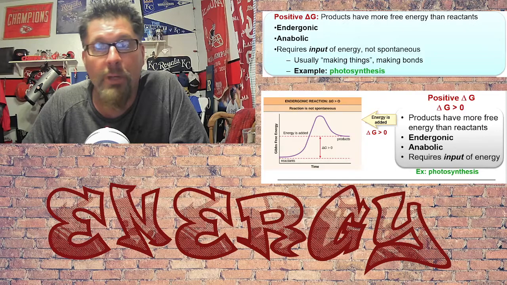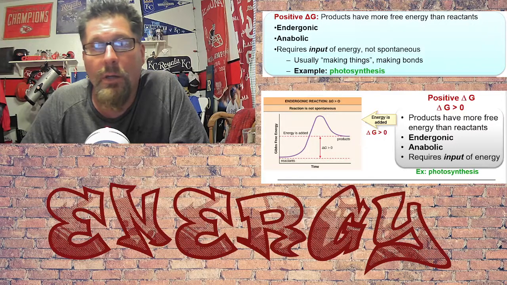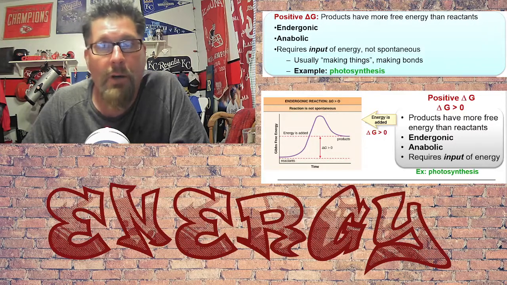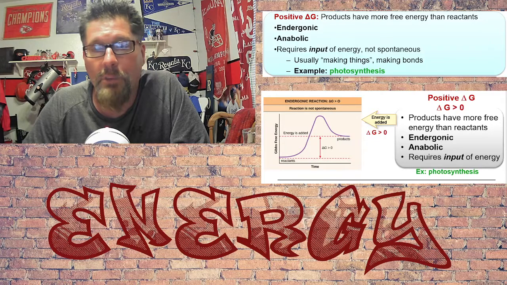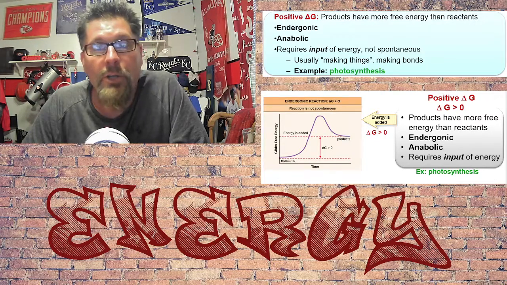But as you build that molecule, you can see now that the end product is above. It's up on that y-axis, the energy amount, which tells you that when you get your product finished, energy is stored inside of it, that potential energy.